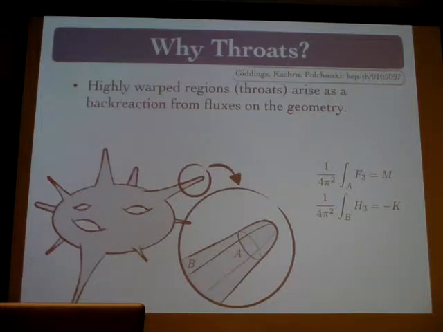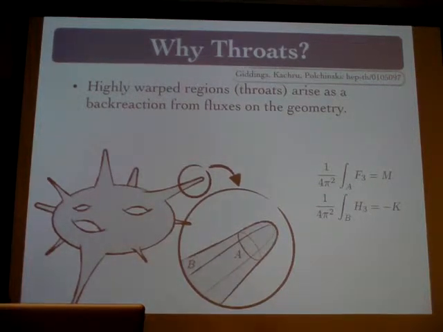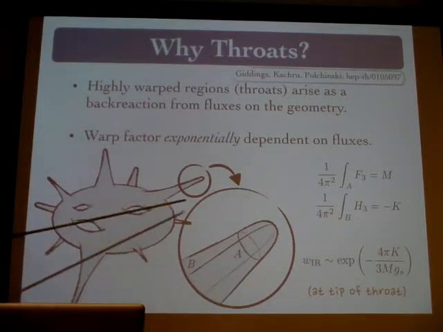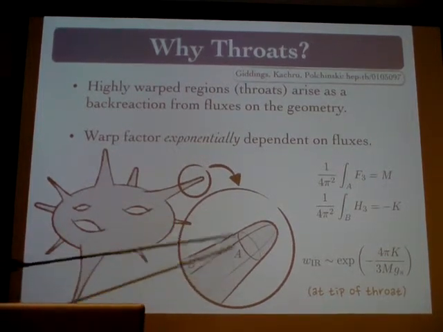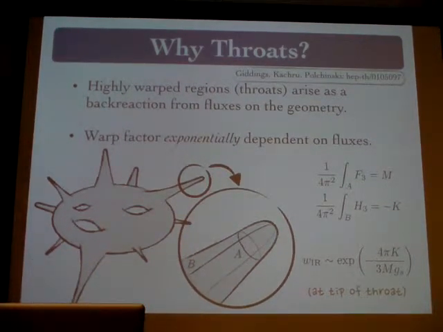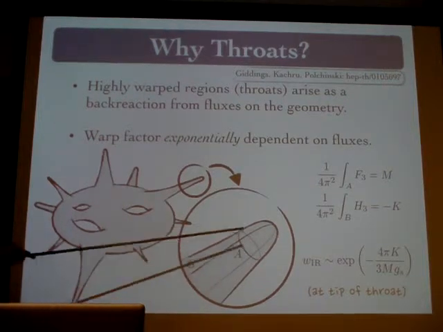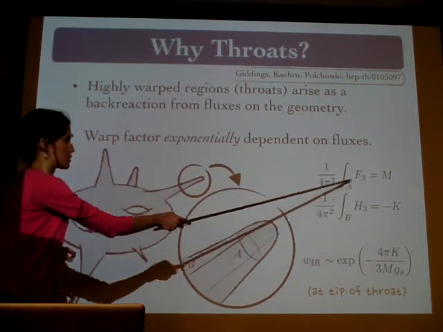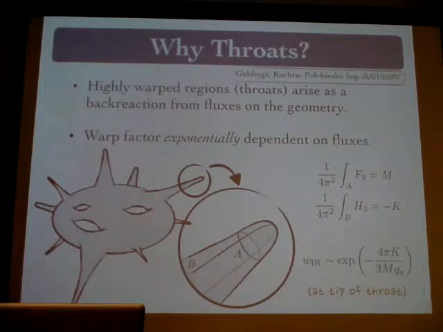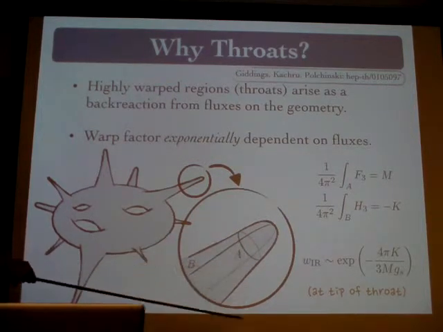So more in particular, what I mean is, if we focus on the tip region of one of these throats, we can find out how much flux goes through these throats by integrating these 3-form fields over some suitable 3-dimensional surface, here these 3-cycles.